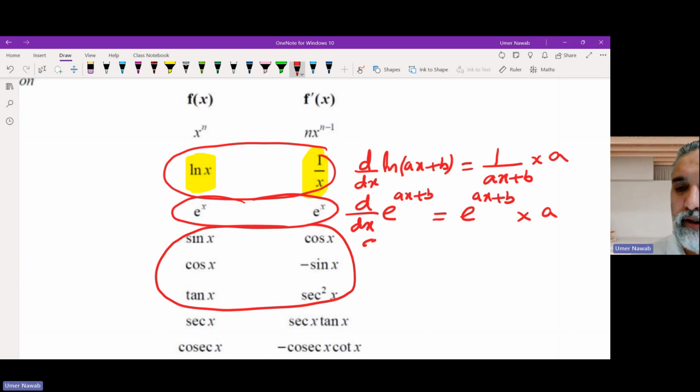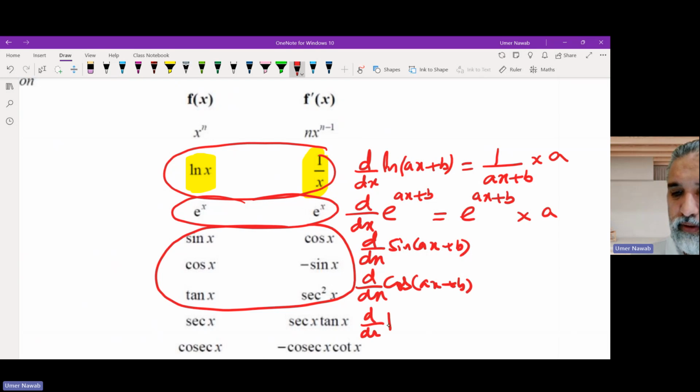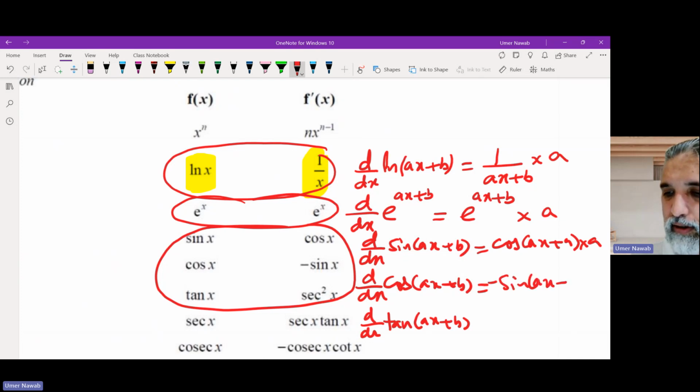The derivative of sine of ax plus b is cosine of ax plus b times a. The derivative of cosine is minus sine of ax plus b times a. And the derivative of tan is secant squared of ax plus b times a.